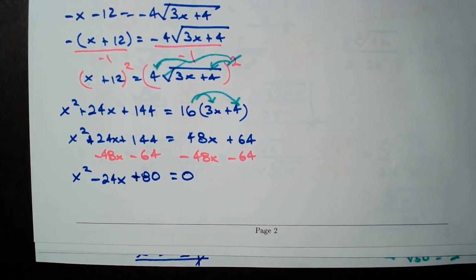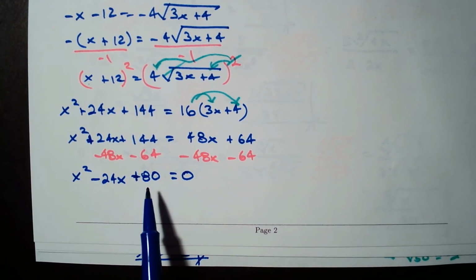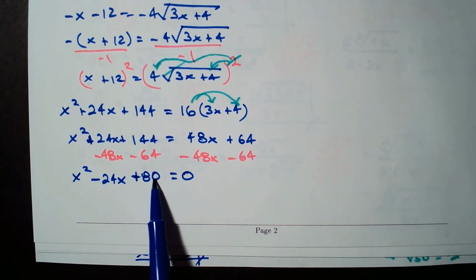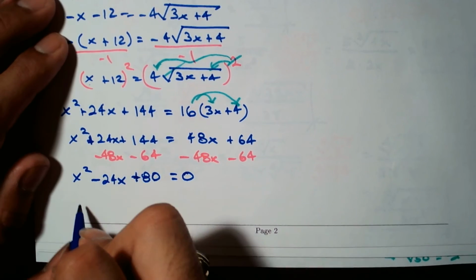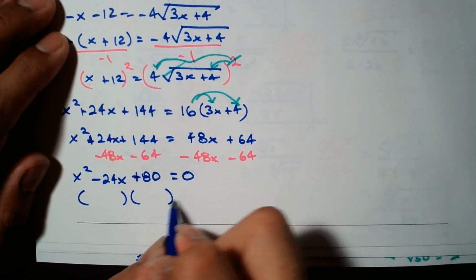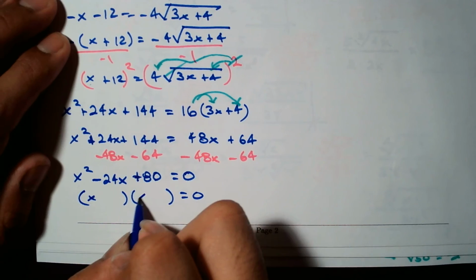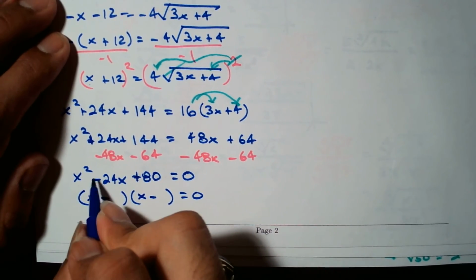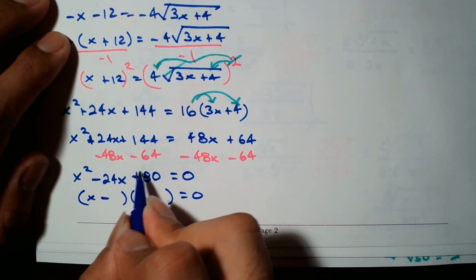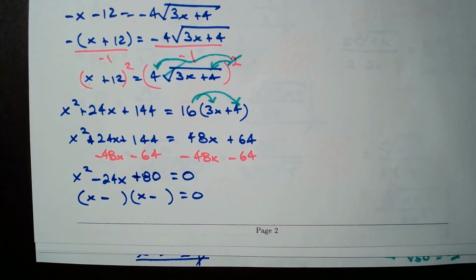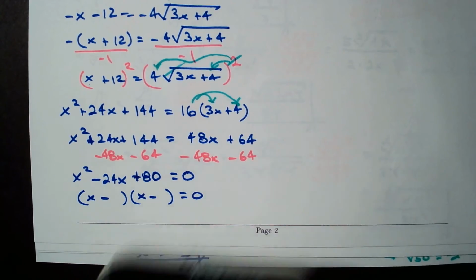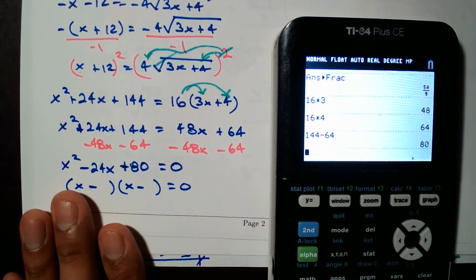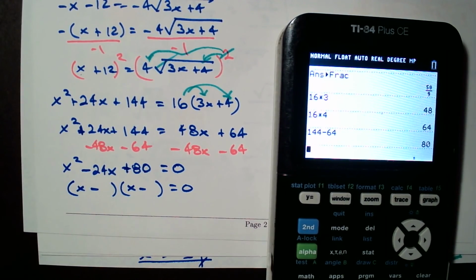So let's see what about this one. Now I'm going to look for factors of 80 that add up to negative 24. Are there any? Well, actually both negatives, because the sum has to be negative and the product has to be positive. So let's play with the numbers. Let me divide 80 by 20 and see if that works.